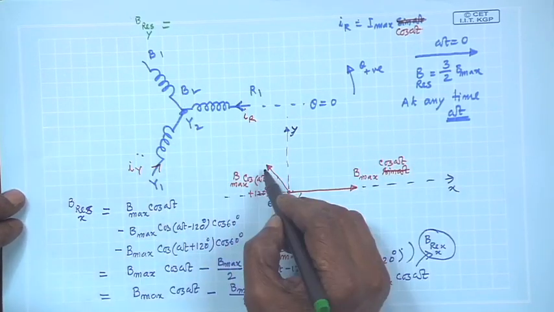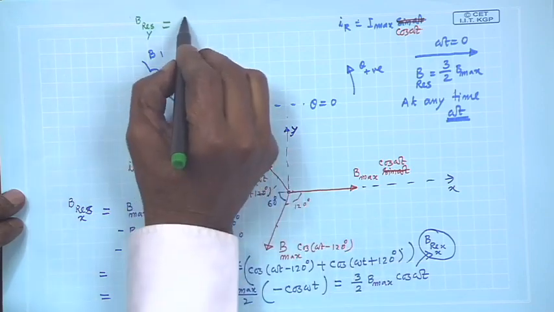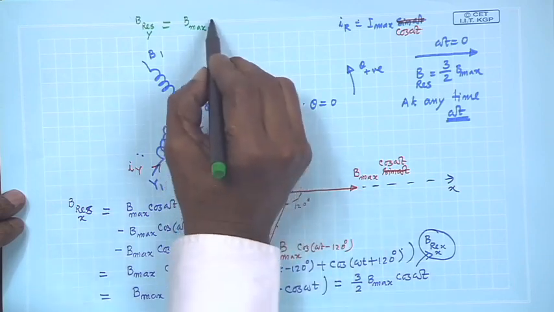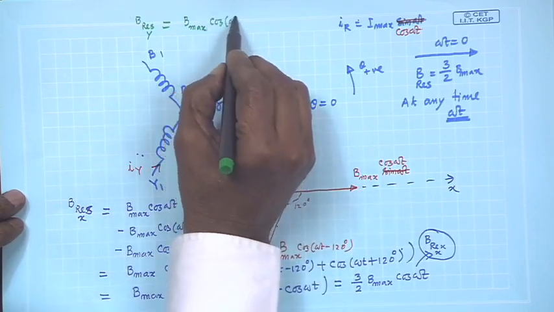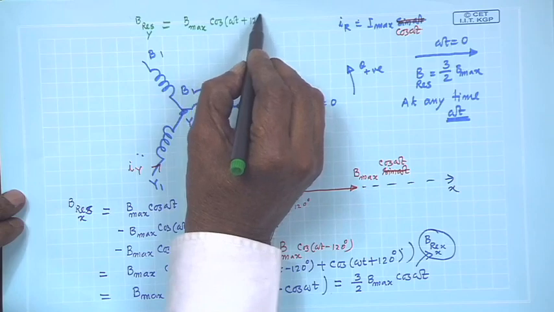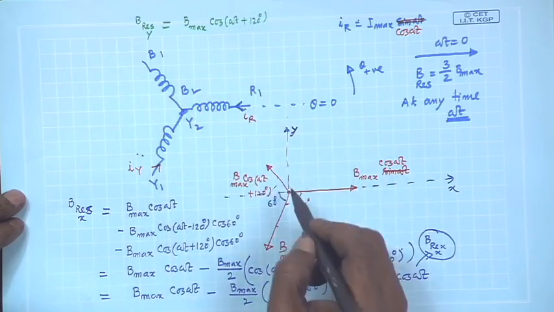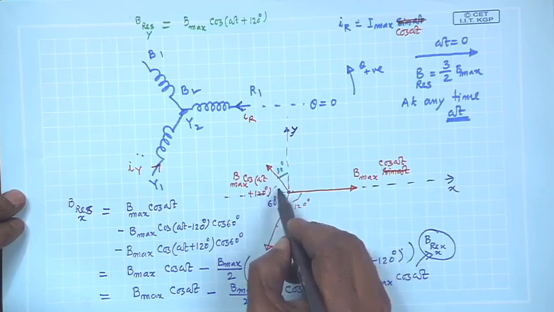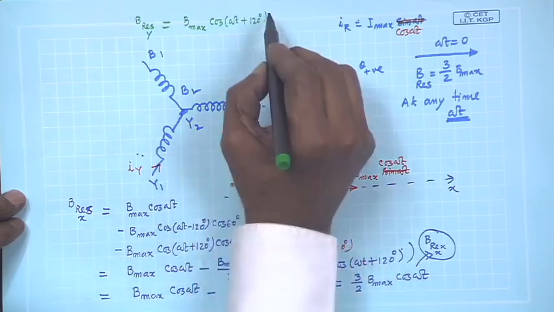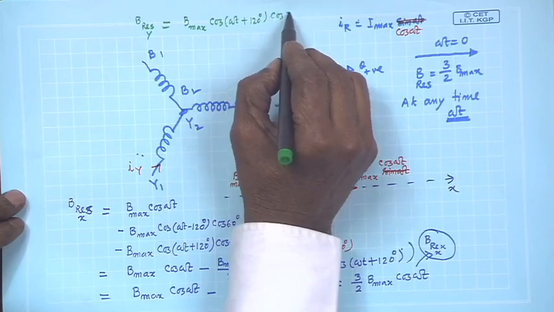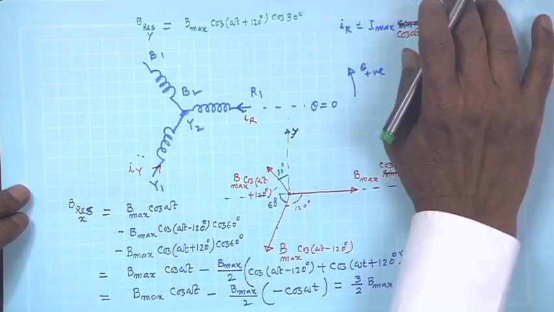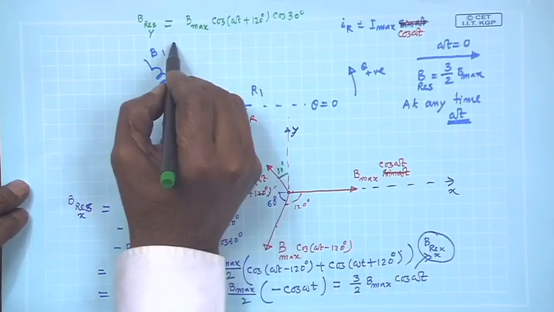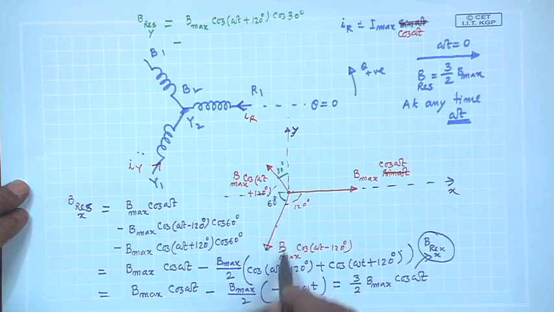So, so far as this one is concerned, it will be B max cosine omega t plus 120 degree, and then this angle is 30 degree, because this is 60. So, 30 into cosine 30, and for this it should be negative, minus, because its projection here is negative.